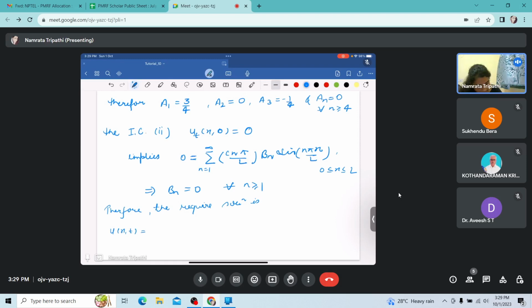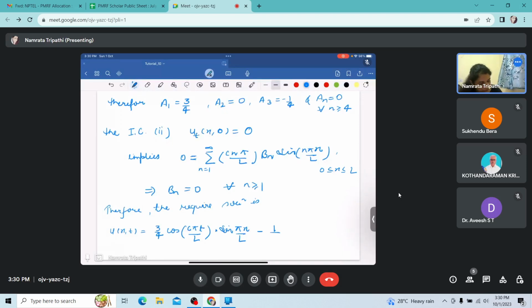a1 is 3 by 4 cos of c pi t upon L for n equals 1, into sine of pi x upon L. For n equals 2, a2 is 0, so we can ignore the term a2.